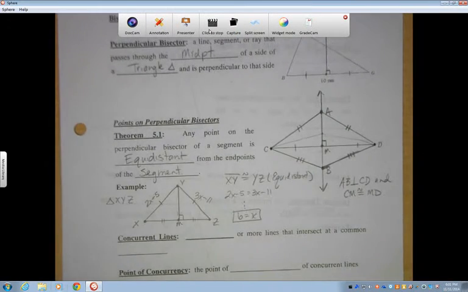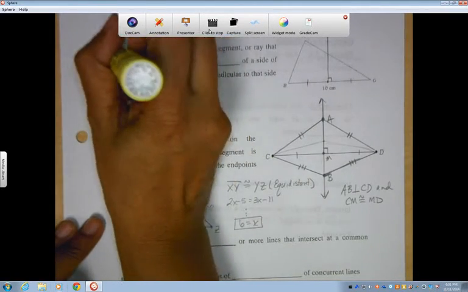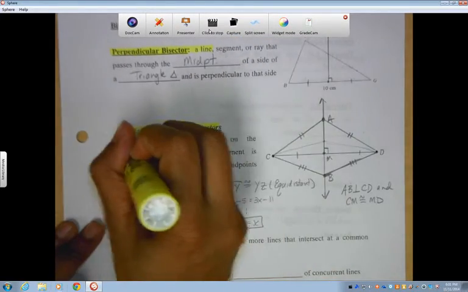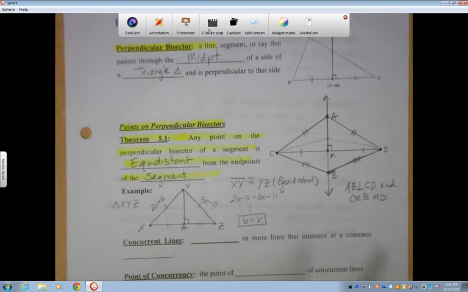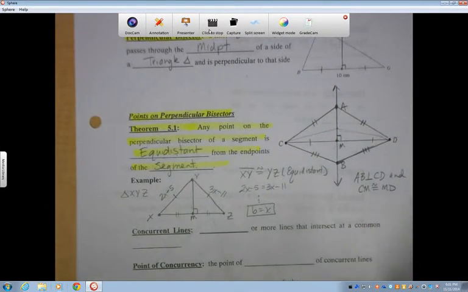What's key that you have to know is definitely the definition of a perpendicular bisector. You need to know points on a perpendicular bisector, this theorem, and know that the converse of it will remain true as well.